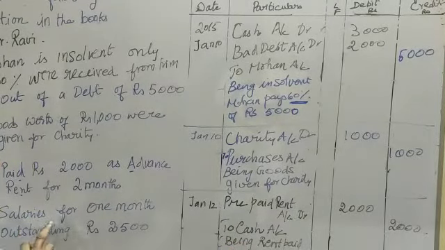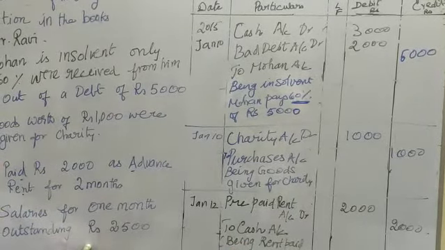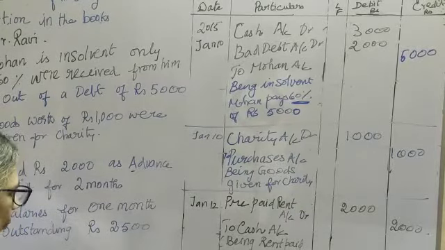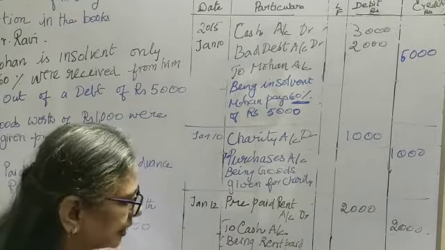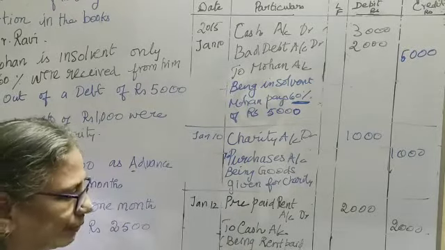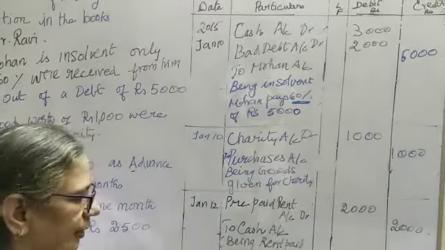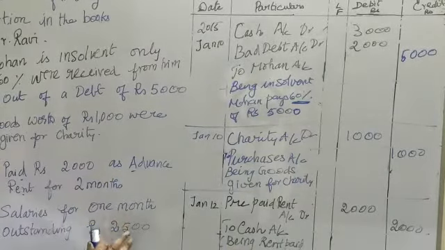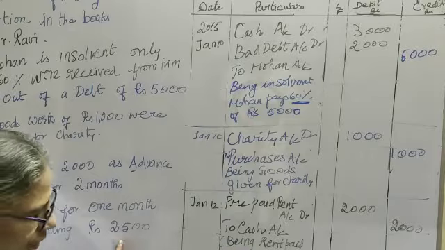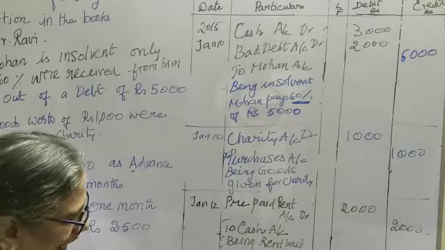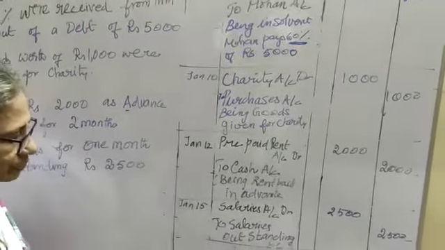Next journal entry: salaries for 1 month outstanding, rupees 2,500. Generally, if you pay the cash immediately, salaries account is debited to cash account. Instead of that, we have not paid for 1 month, which amounted to 2,500. That should be transferred to the salaries outstanding account.